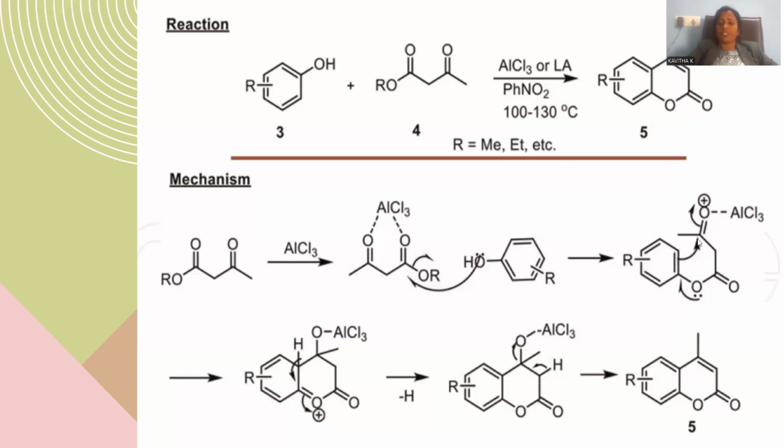Whenever this bond is shifting, the lone pair of electrons on the oxygen atom will take part in double bond formation, so that an oxonium ion is generated, and here we got OAlCl3 at this carbon atom, and again we already have this methyl over there, so one oxygen containing AlCl3 and one methyl group are located over there. The benzenoid nucleus is totally disturbed, so now it is unfavorable, right?